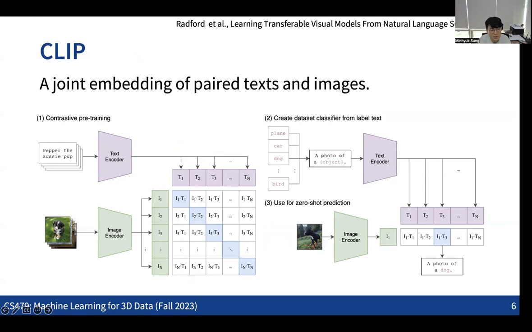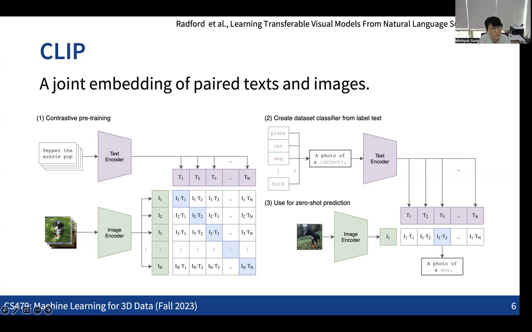There are lots of datasets that have tons of corresponding pairs of texts and images. CLIP is a joint embedding space where we embed both the text and the images so that we can see which texts and images are related to each other.